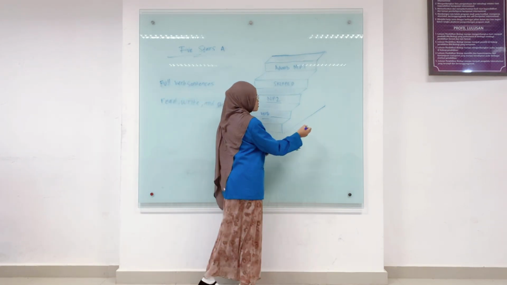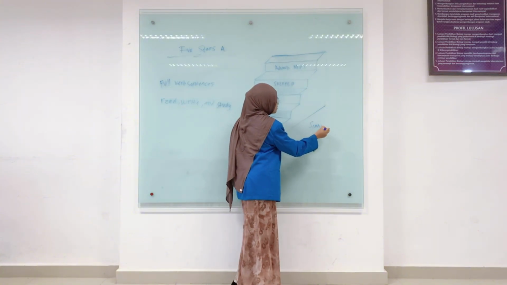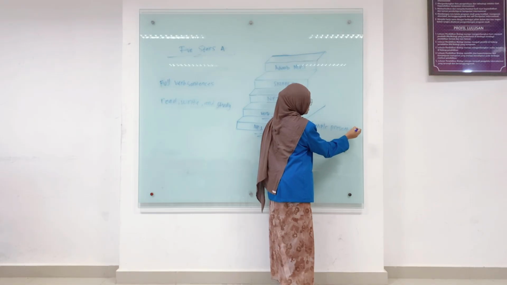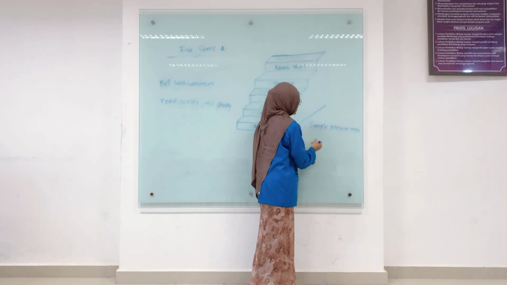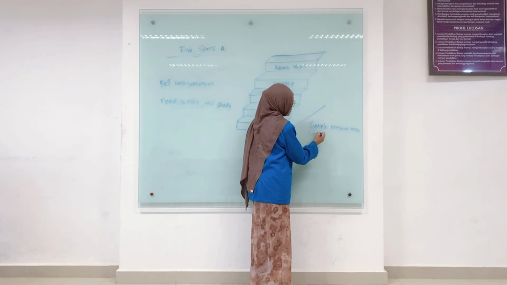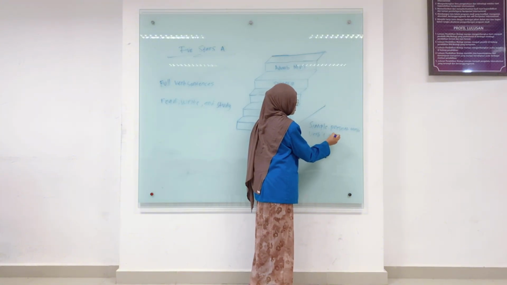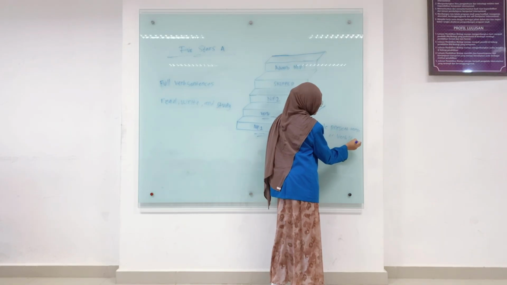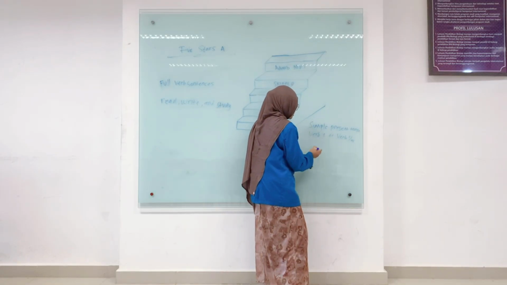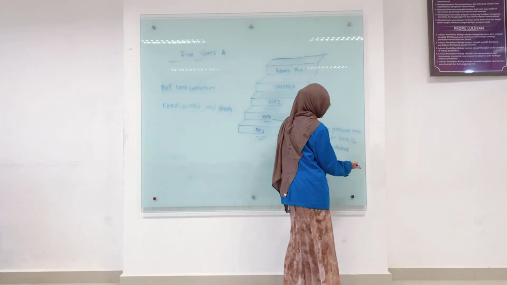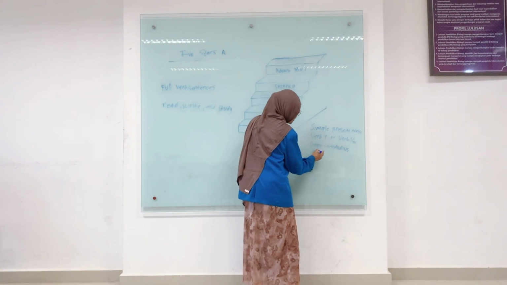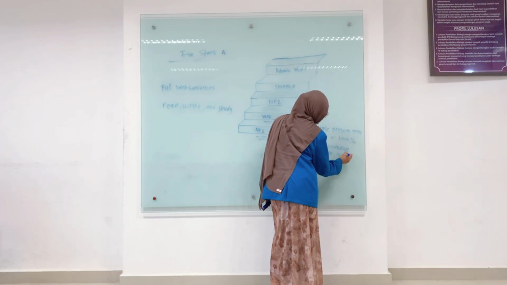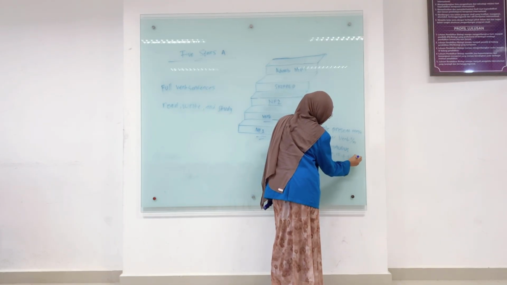For example, in simple present tense, we use verb 1 or verb S or ES. In simple continuous tense, we use am, is, or are plus verb ing.